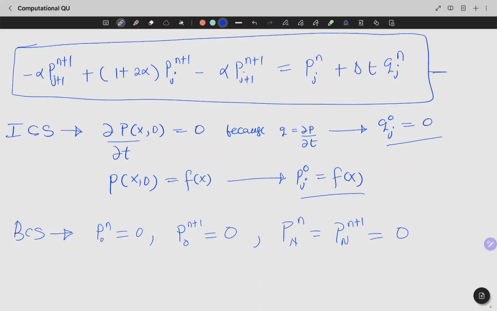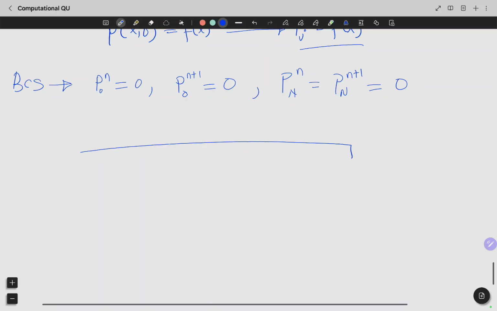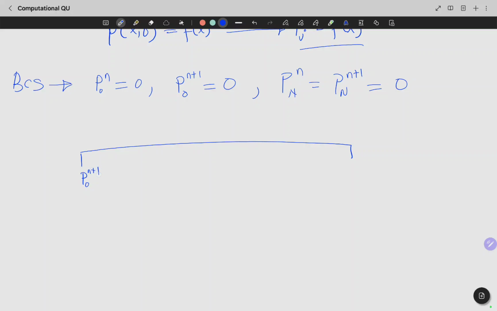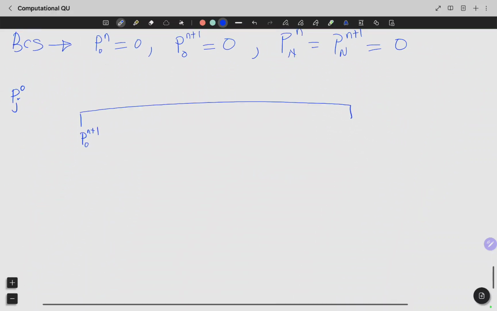Alright, it's just trying to tell you that if you have, this is P_0^(n+1), for example. Let's say we are in iteration P_j^0. So we are going to use the n plus 1s as this suggests. Because if this is 0, then this would be 0 plus 1, so P_1, for example.